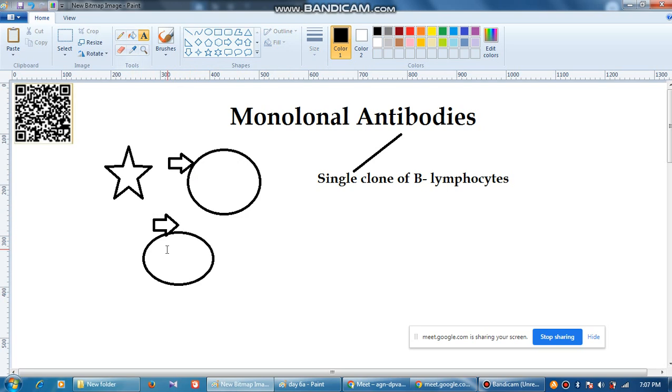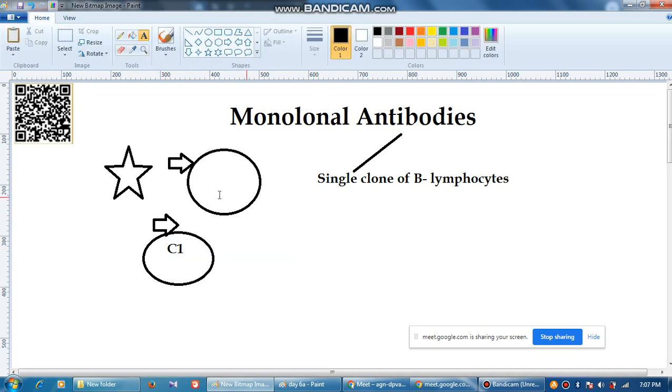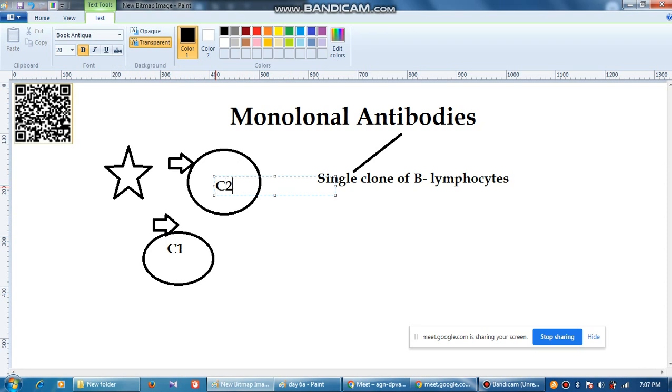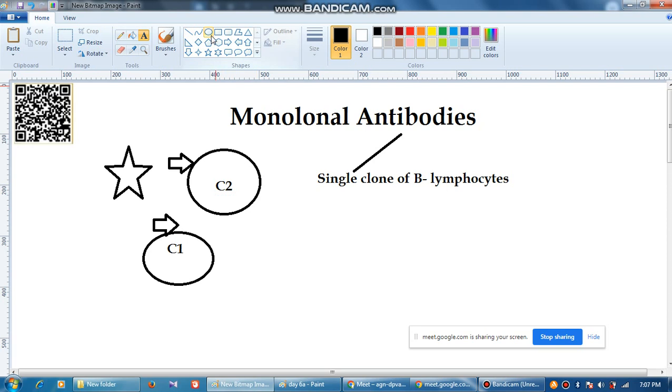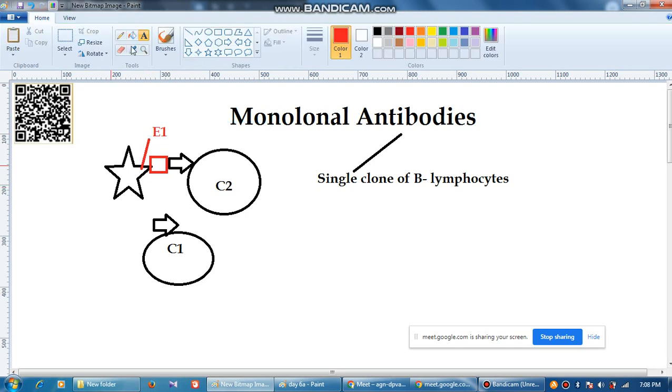Let us say this is clone 1 and this is clone 2, two different B lymphocytes. A particular kind of interaction happens with each. Let us say this is epitope 1, and this is epitope 2.